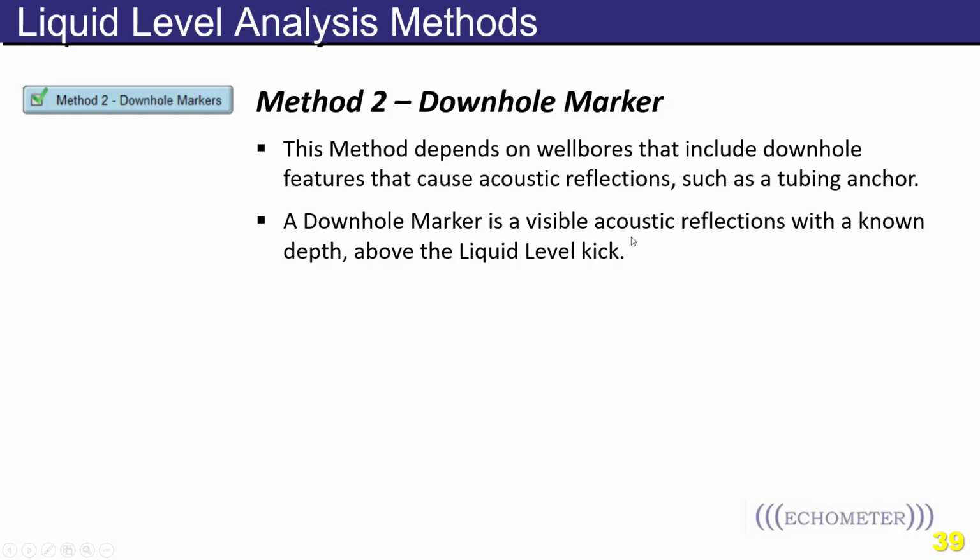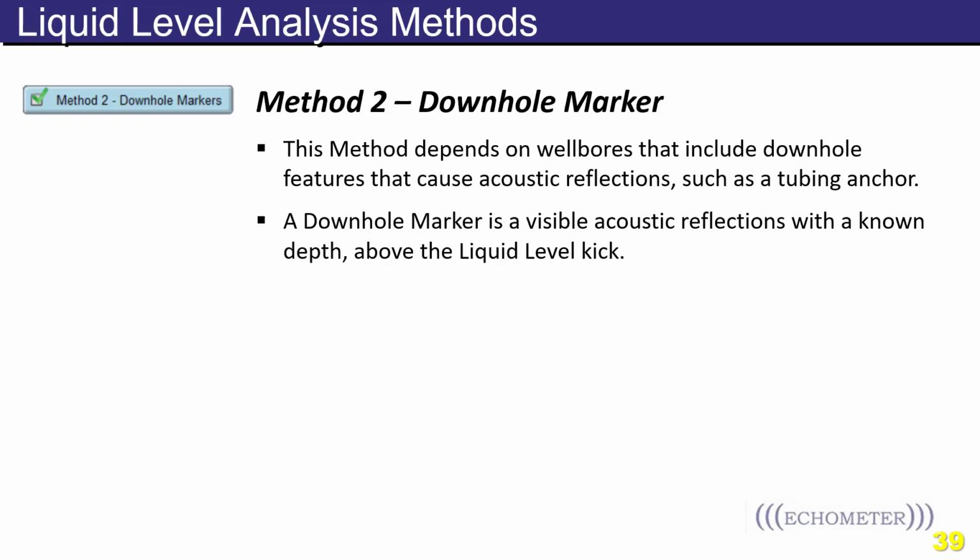The downhole marker is a visible acoustic reflection. So some people say, okay, this is a downhole marker. What is that? Well, a downhole marker is any kick different than the liquid level that is visual, that you can tell this kick here based on if it's an up kick or a down kick.